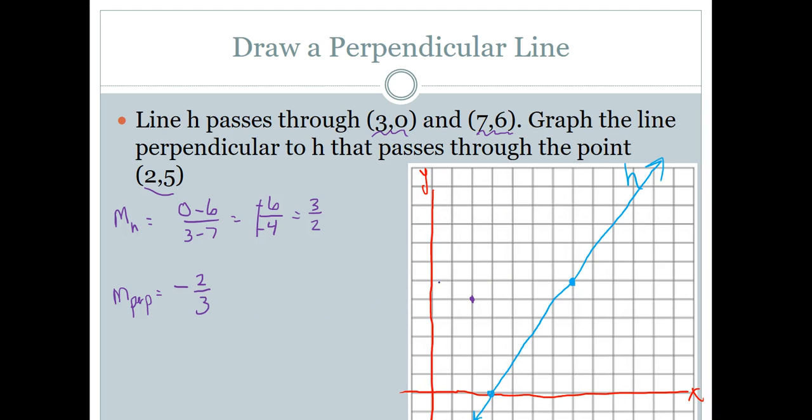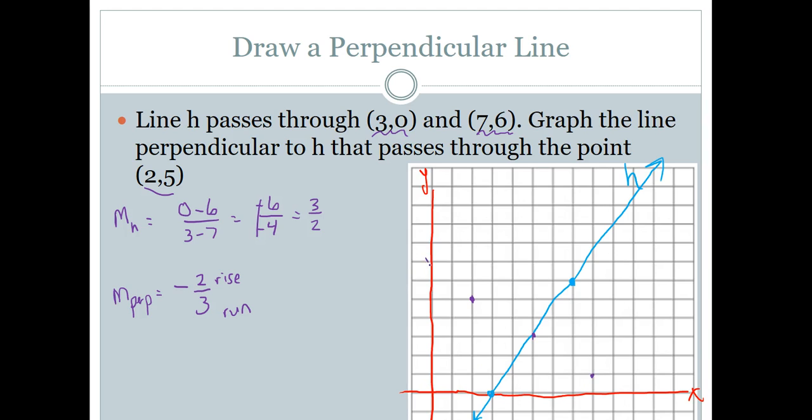So now that I have my point (2, 5) graphed, I can just use the slope and use rise over run to graph the rest of my line. So down 2 and right 3, down 2 and right 3.